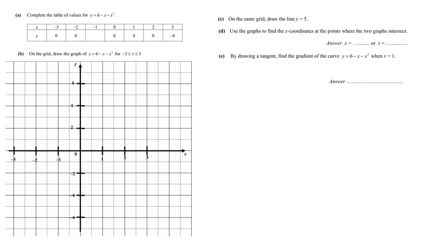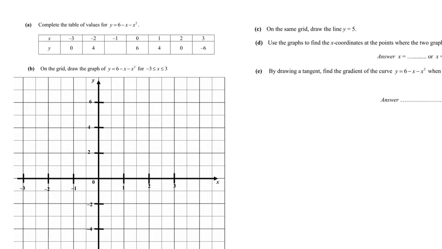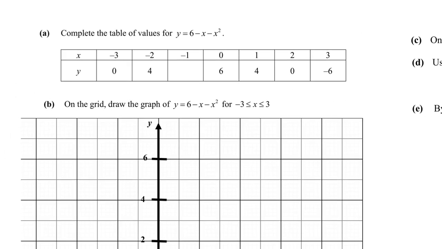Hello everyone, welcome to this video where we are given a table of values for an equation. We are required later on to draw this graph and to find some answers from the graph. So let's zoom into part A. To get this answer here, all we have to do is substitute, in the equation, the x as negative 1.